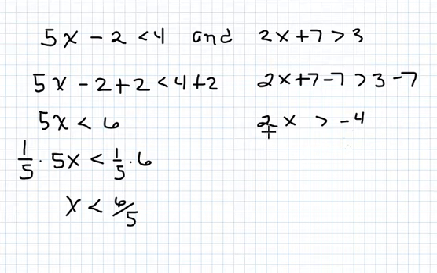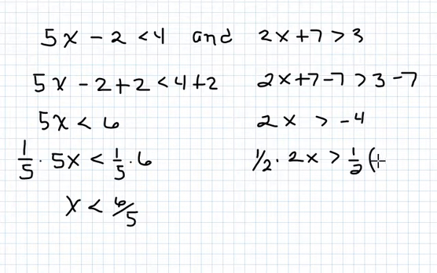So now we want to multiply both sides by a half to get rid of this 2, and so we end up with a half times 2x is greater than a half times negative 4, and so now we're left with x is greater than negative 2.